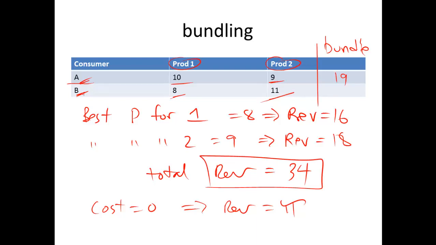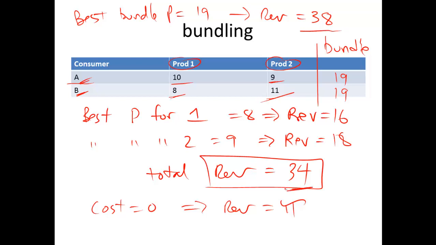And consumer B is willing to pay 8 plus 11, or 19, for the bundle. Well, now when we ask the question, what's the best price to charge for the bundle, best in the sense of profit maximizing? Well, the best bundle price equals 19. Then they both buy, they each pay 19. The resulting revenue is equal to 38. And what's interesting here is that 38 is bigger than 34.